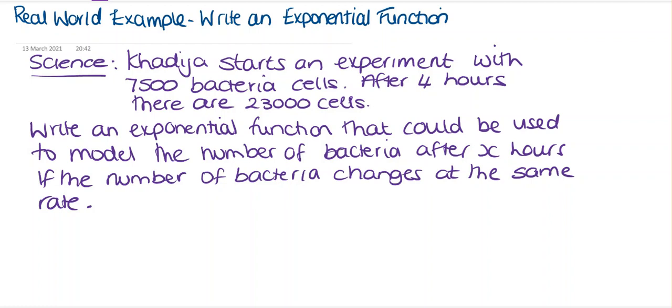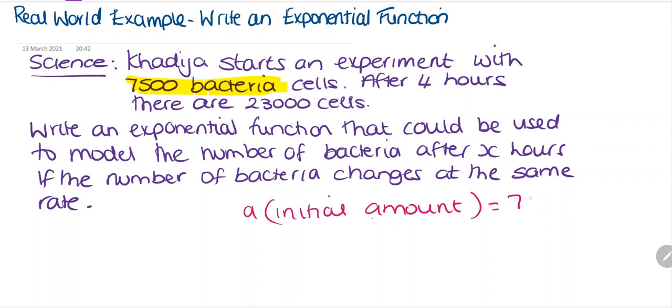So let's highlight the key information. So at the start, this was 7,500, so the initial amount, the amount at the start, so this is going to be A. This is equal to 7,500.